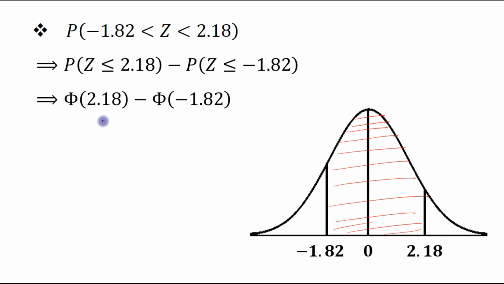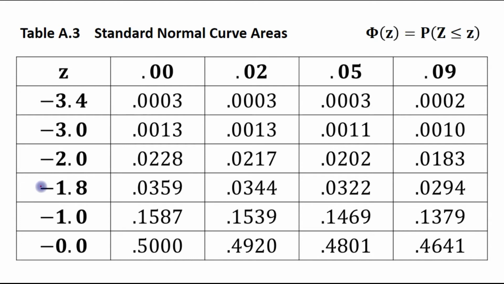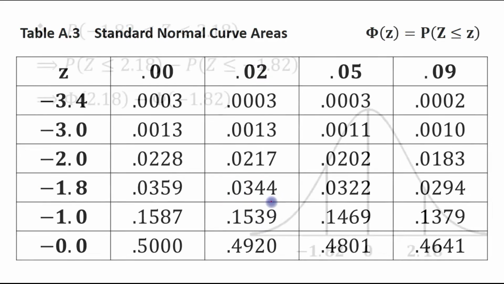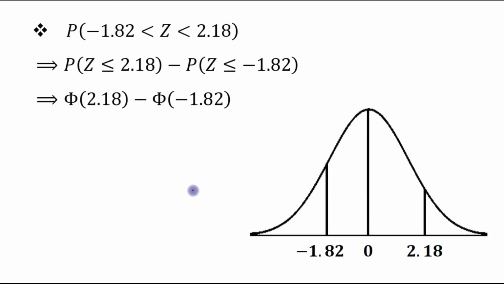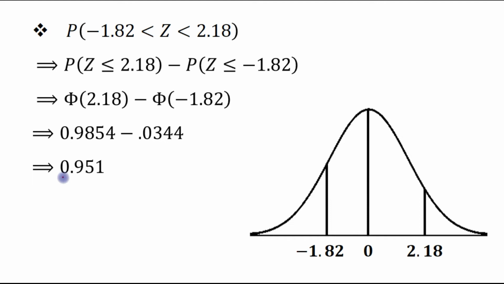We have already seen its value as 0.9854, and now we need to find this value. So minus 1.82, this is minus 1.8 and this is 0.02. So phi minus 1.82 is 0.0344. In the next step we will write 0.9854 minus 0.0344, which is 0.951.